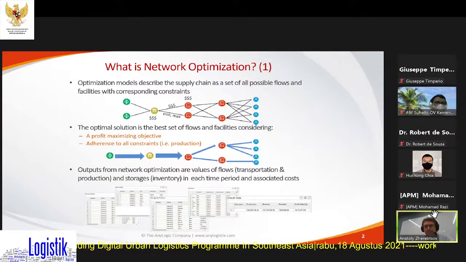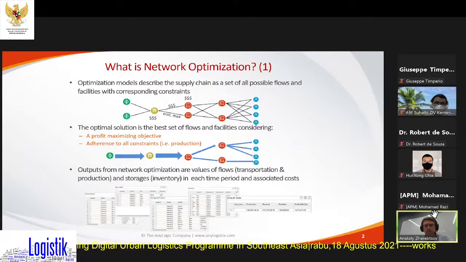And if we talk about goals, the usual or straightforward goal of optimization is profit maximization. And profit is actually revenue minus all the costs or expenses. At the same time, this optimal solution should maintain all the constraints that we have in our initial problem definition.